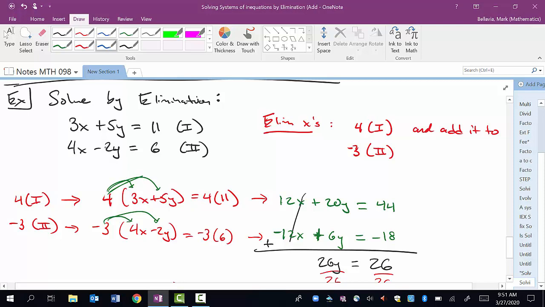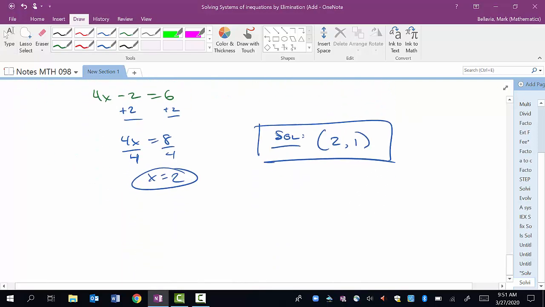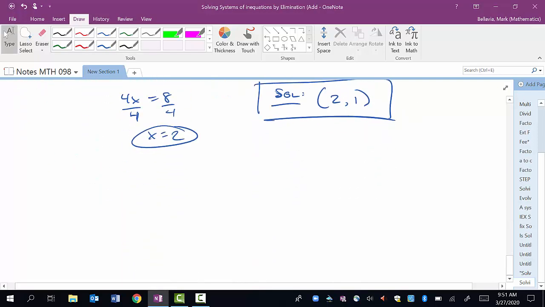The smallest number 2 and 5 are both factors of, the smallest number they both go into evenly. So I'd want these to both look like 10. One positive, one negative. We already have the positive and negative here, so you'd be all set. You'd multiply the first equation by positive 2, because 2 times 5 would give me 10, and multiply the second equation by a positive 5, because 5 times a negative 2 would give me negative 10, and then you'd be able to eliminate y's. So there is more than one way to do this, and it's important to understand that your way might not be the same way I show, but it might still work.